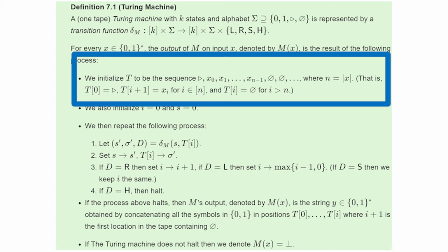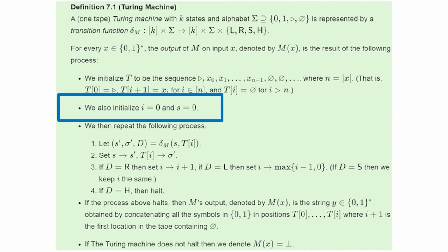So to start with, the first thing that happens with our transition function is we're going to initialize our tape T to be the sequence identified by the start of tape symbol, so triangle, and then all of the n characters that are our input, so x0 through xn-1. So the next n characters on the tape contain the input string.